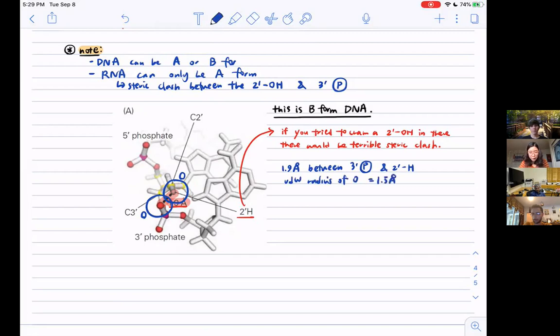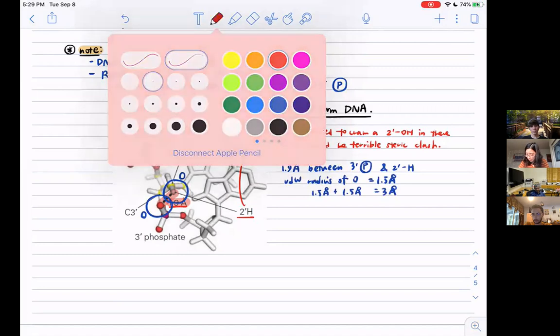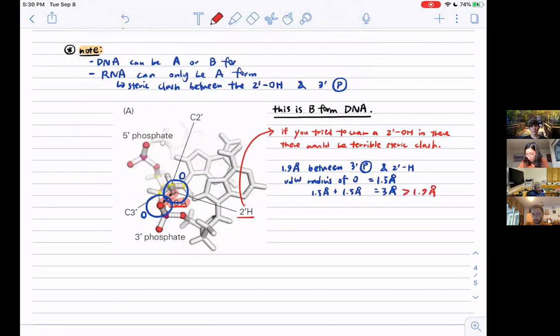And so if we had this scenario here, we can add the van der Waals radii of the 2 oxygens, and that'd be 3 angstroms, which is clearly greater than 1.9 angstroms. So this is just a very rough way for me to show you that clearly the 2' OH wouldn't fit. Okay.